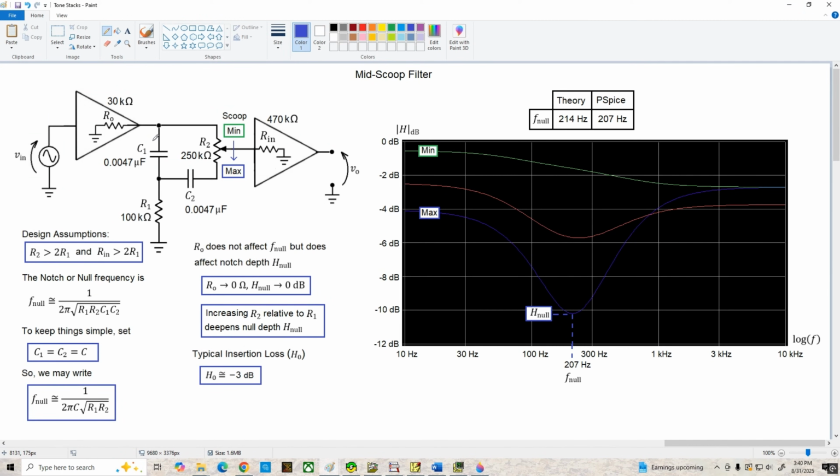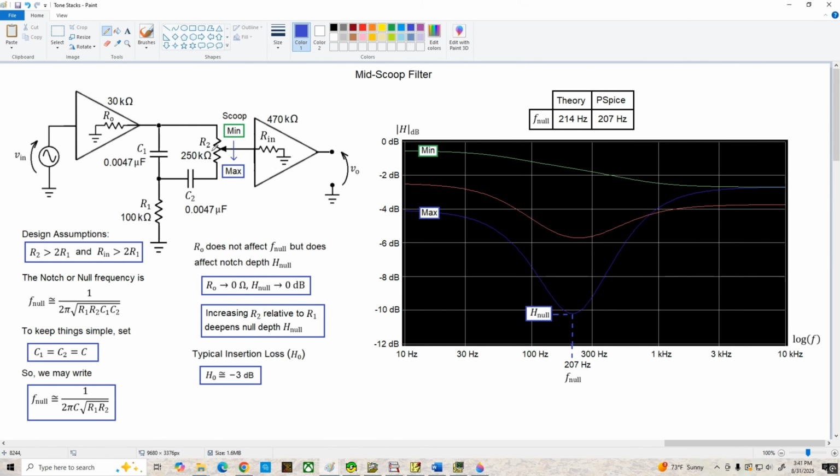And speaking of the null depth, generally, if we increase the value of R2 relative to R1, that's going to give us a deeper null depth or a deeper notch here as well. And on average, the typical insertion loss for this circuit is about 3 dB.